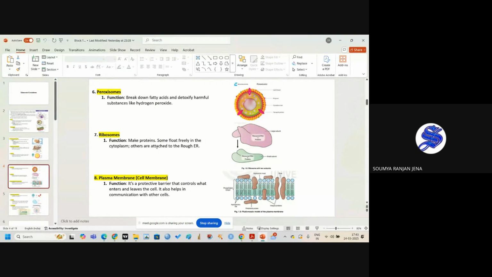Then if you go to the ribosome, as we know, ribosomes make proteins, and some float freely in the cytoplasm. Ribosomes are found both inside the rough endoplasmic reticulum and in the cytoplasm. If we go to the structure of the ribosome, it has two subunits, one larger subunit and another smaller subunit.